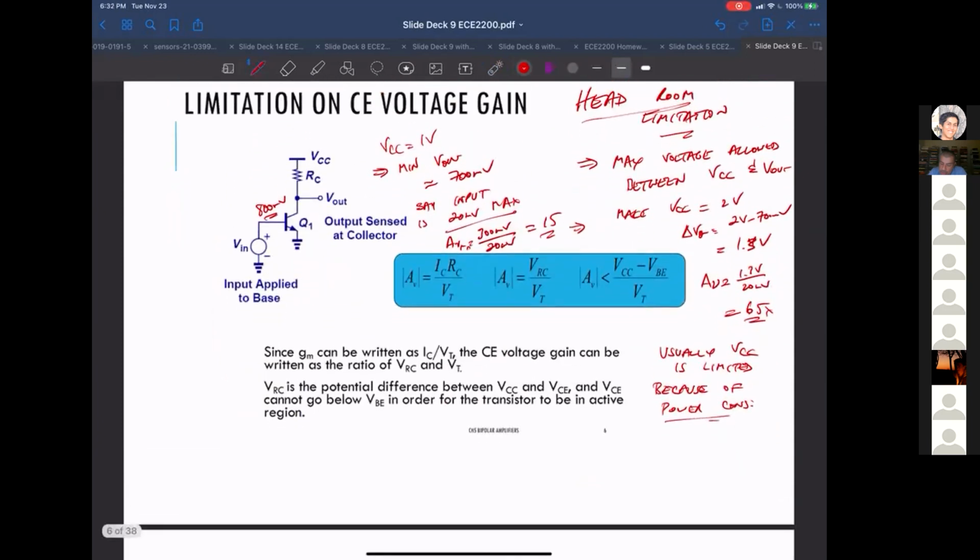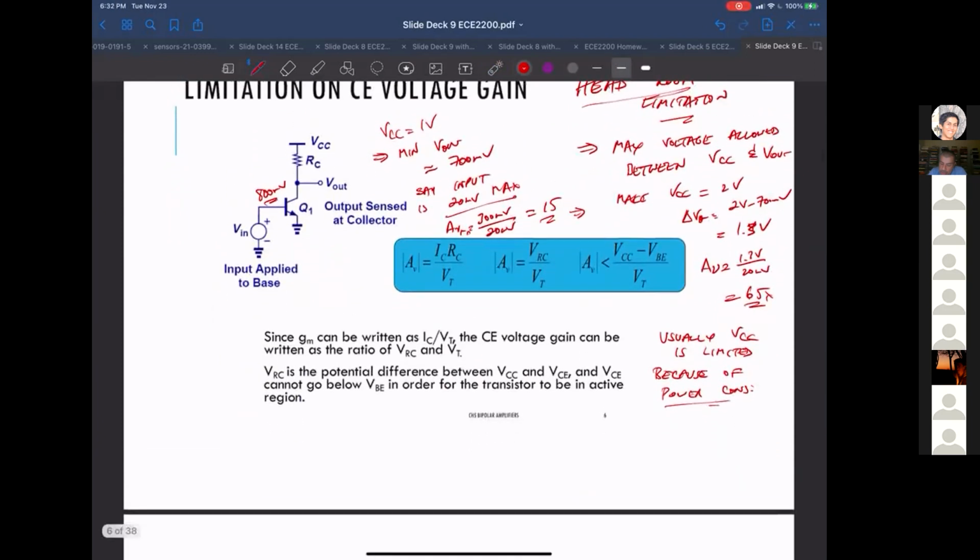The power consumption of the circuit is VCC times IC. So the higher I make VCC, the more power this circuit is going to consume.